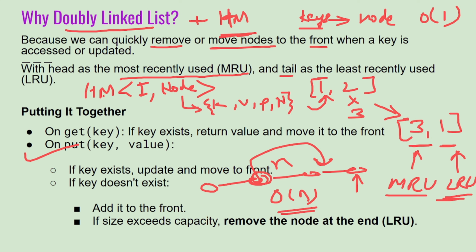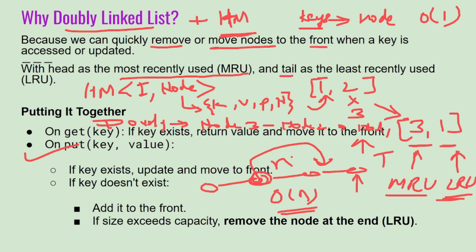And what will be in the doubly linked list? The doubly linked list will have a head, as you can see here. Let's suppose we have nodes: node 3, then node 2, node 1, like that, and there is a tail.